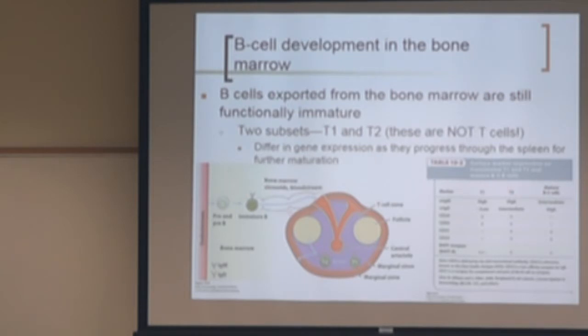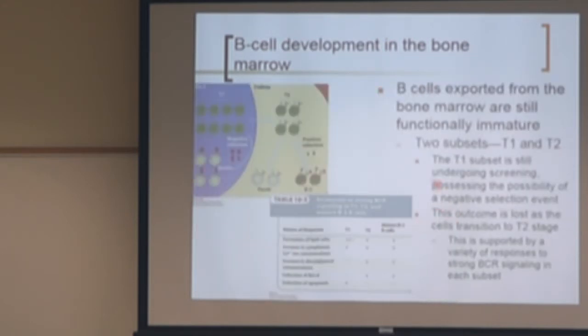So the immature B cells come to the spleen. They enter the spleen through the splenic artery, and then they localize to the follicle in the spleen.